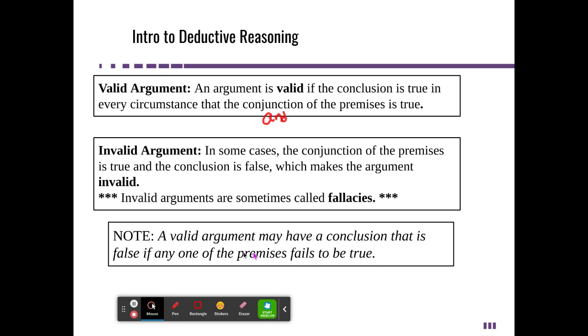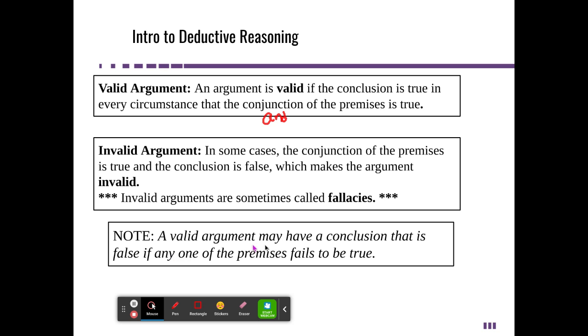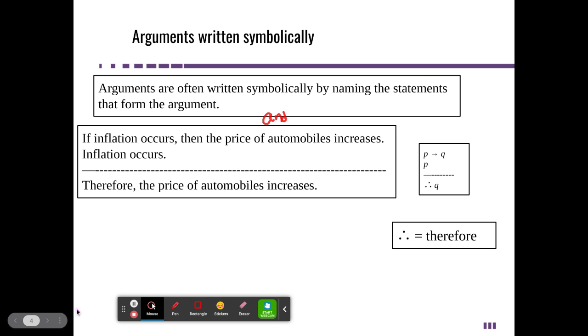Looking at this first example, this premise has three statements in it. So if any one of those statements is false, then overall we might have a false.